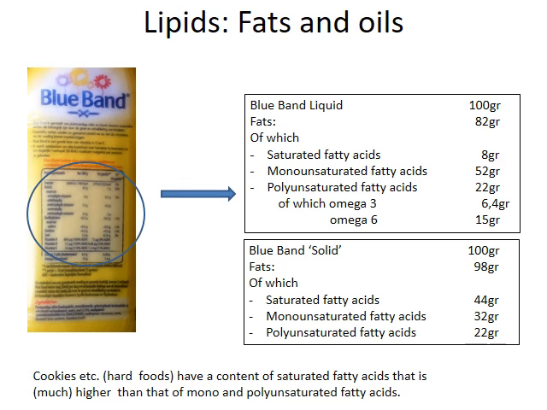Keep in mind, when you buy Blue Band solid, you buy 98 grams of butter fat, whereas with Blue Band liquid, you buy only 82 grams of butter fat. The other 18% is water. I hope you realize that.